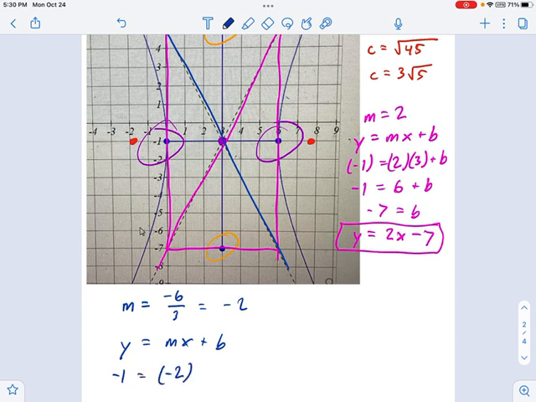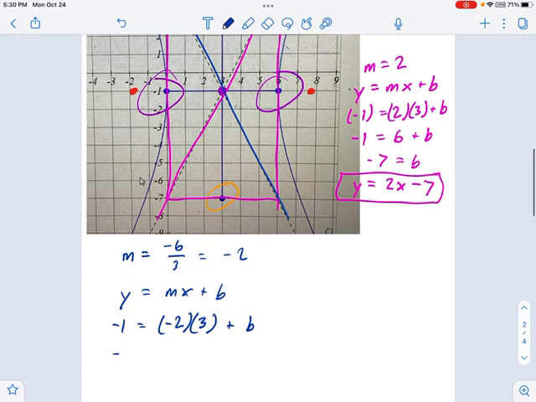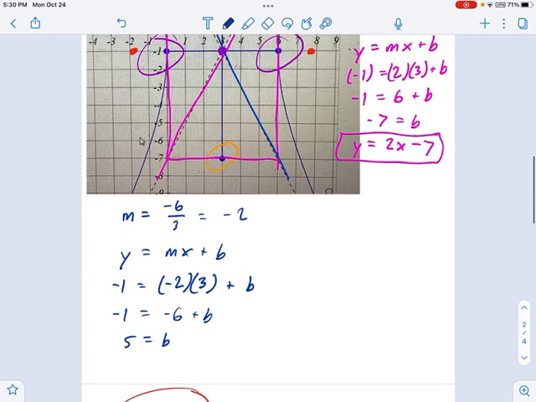The slope is negative 2. The x value is 3 plus b. Okay, this looks pretty good. So that's negative 1 equals negative 6 plus b. And for this one, that means b equals 5 when I solve that. That means the equation for this asymptote is going to be negative 2x plus 5.